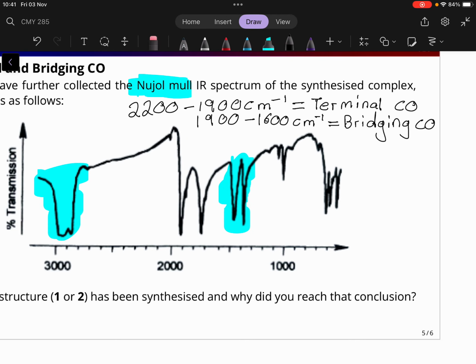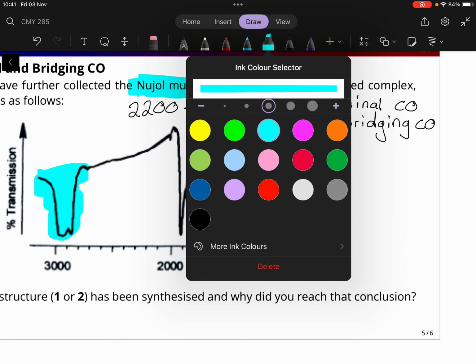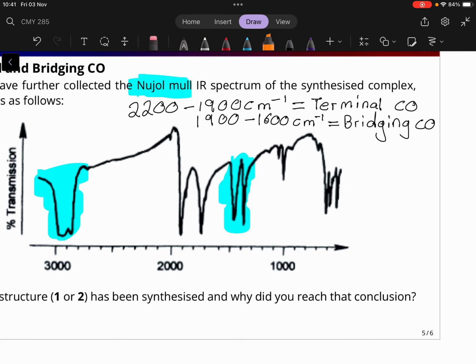So let's now finally look at the spectrum. The region that we're actually interested in is between 2,200 and 1,600. This is the region that will help us really distinguish between those two kinds of stretches.